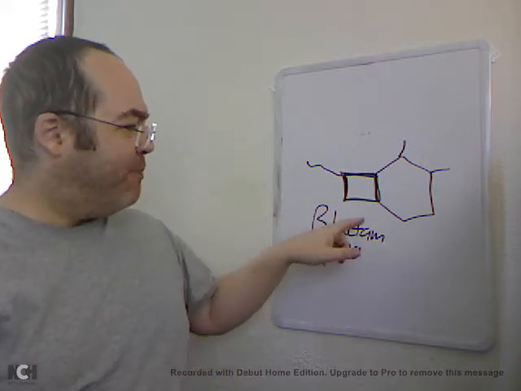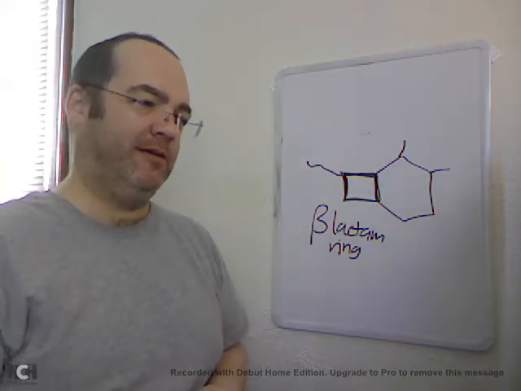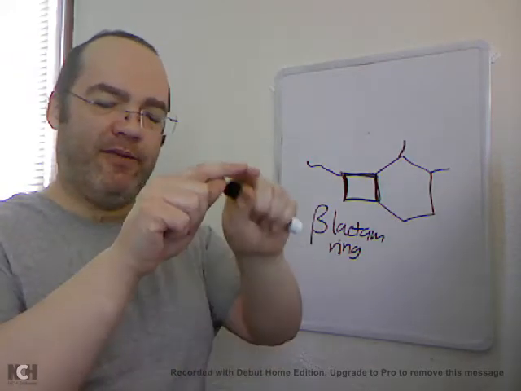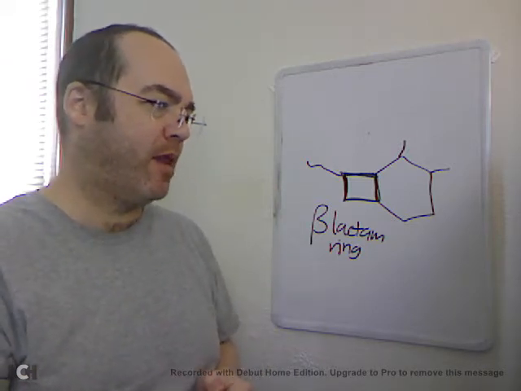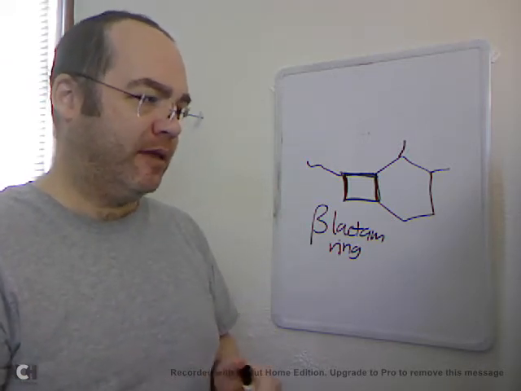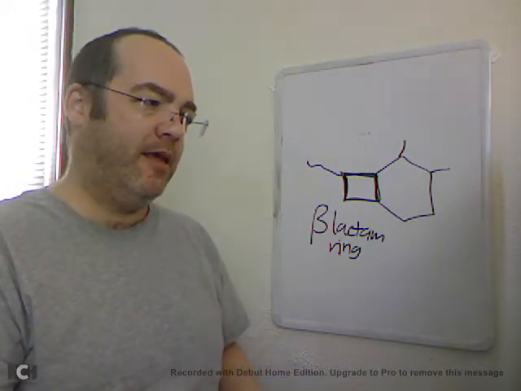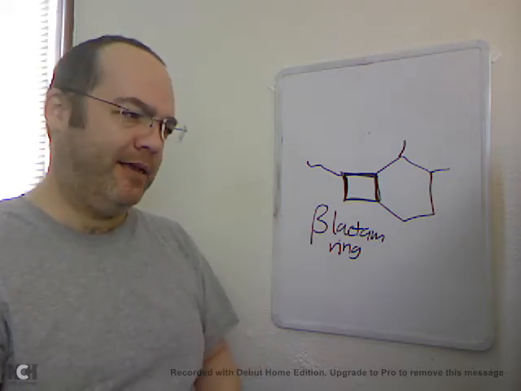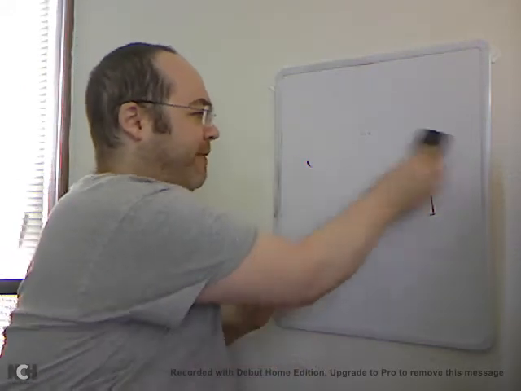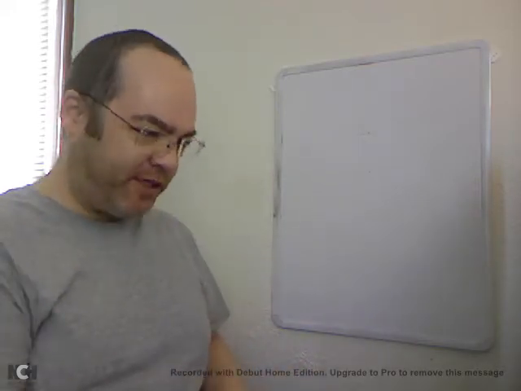And this is what makes our beta-lactam antibiotics beta-lactam antibiotics, because they all have this beta-lactam ring. So what do they do? They inhibit the formation of peptidoglycan. In particular, they block the formation of these things called peptide bridges.